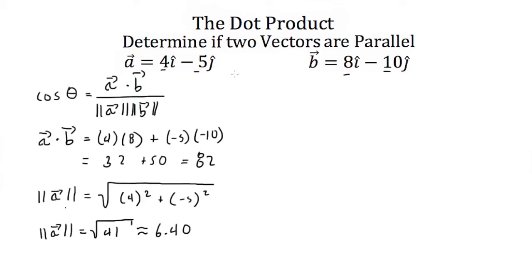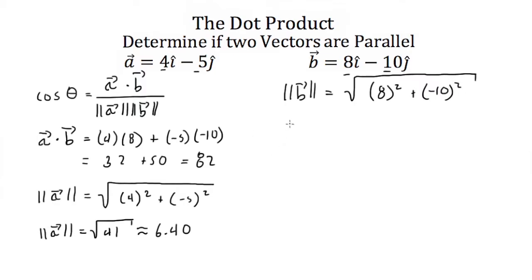Now let's find the magnitude of vector B. That's equal to the square root of its x movement, which is 8, squared, plus its y movement, which is negative 10 squared. That means the magnitude of vector B is equal to the square root of 164, which is approximately 12.81.